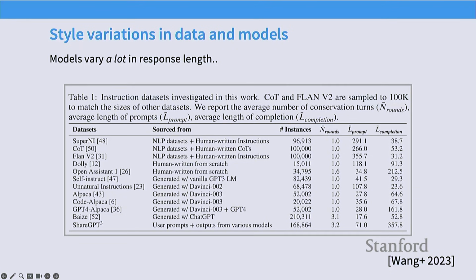If you look at the length of both the prompts, so that's the inputs, and the responses, the completions, you see really different lengths of both inputs and outputs. And inputs are probably a measure of the complexity of the task in many ways. And then the outputs are in some sense a measure of how much you push the annotators or if you used AI-generated responses.